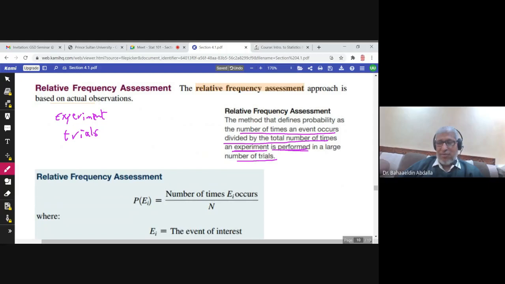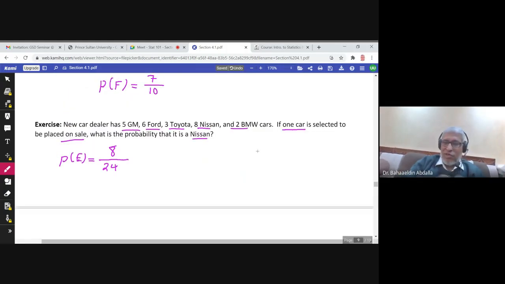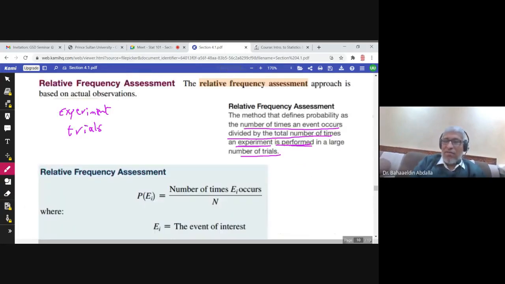So there is an experiment here, and the outcomes need not be equally likely. In all of these questions, all the outcomes were equally likely. For example, in the last exercise, any car could have been selected, so they have the same chance to be selected.